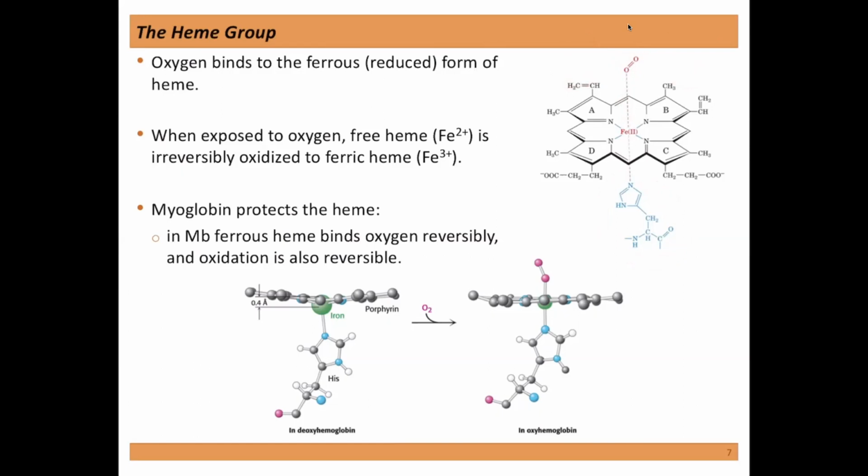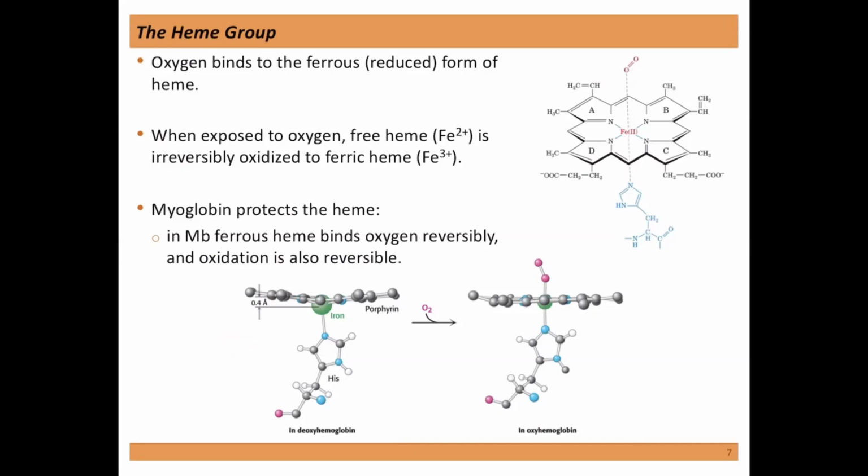Now there is a change when this porphyrin ring binds the oxygen. In fact, this is what's referred to as kind of a taut structure. It's bent out of the plane a little bit. And when you bind the oxygen, the porphyrin ring will relax and become more planar.